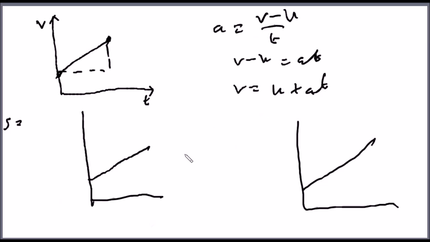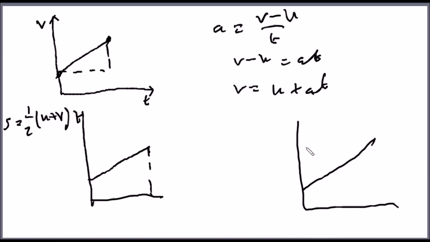So let's find the area of a trapezium. In this case it's 1/2 (u plus v) multiplied by the length of time it occurs over, which is t.